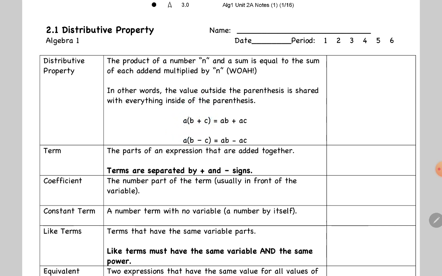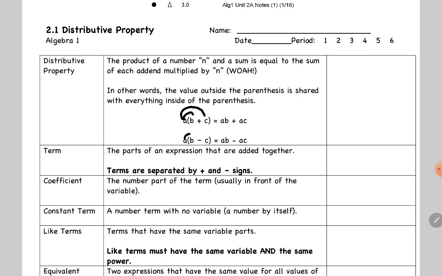This is the distributive property, and I like to use rainbows. I'm going to take A and multiply it to B, and then take A, multiply it to C, and then add them together.